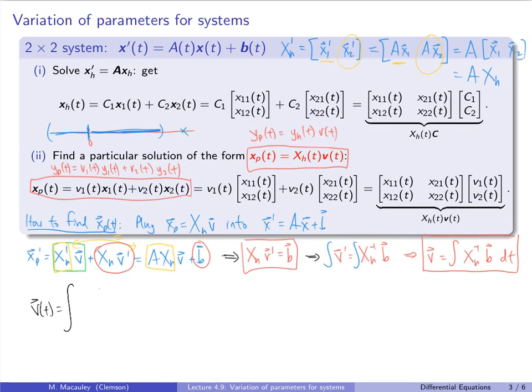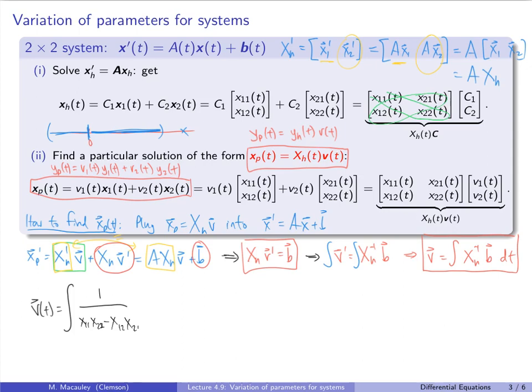So this is 1 over the determinant of this matrix, that's this cross product: 1 over x11 times x22 minus x12 times x21. That's this product minus that product.